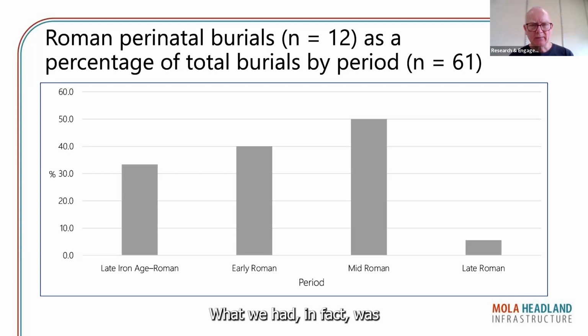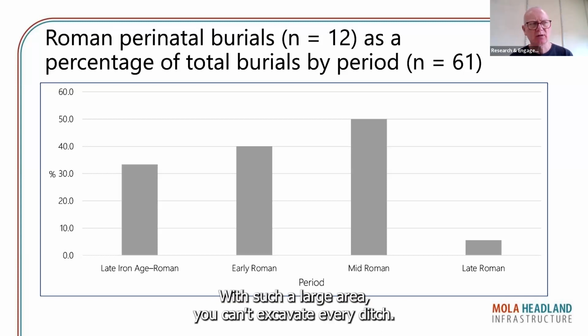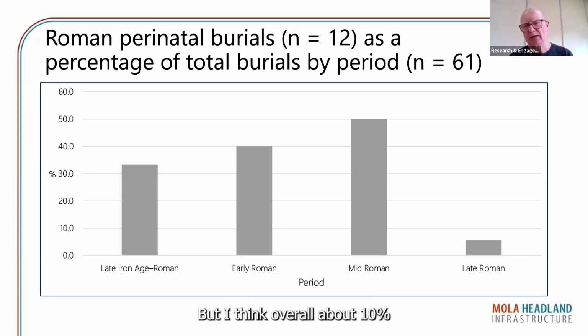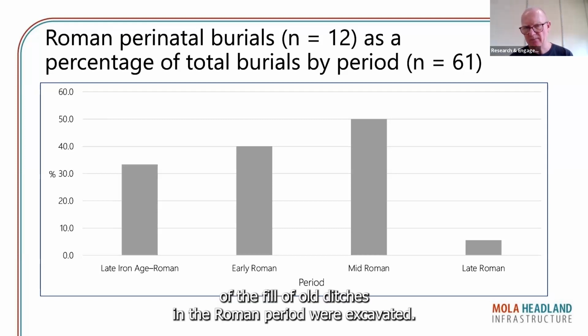What we had, in fact, was such a large number of perinates relative to adults that we had a look at how much of the field work had involved excavating ditch sections. With such a large area, you can't excavate every ditch, but I think overall about 10% of the fill of all the ditches in the Roman period was excavated.